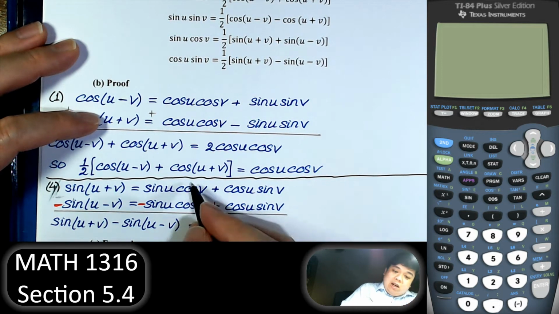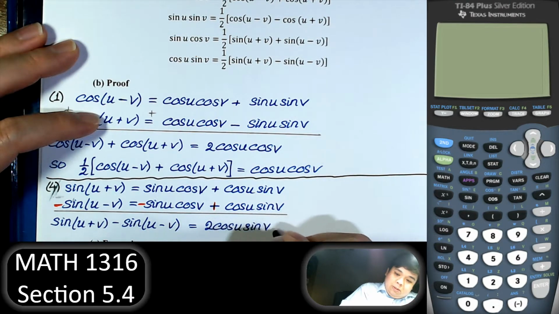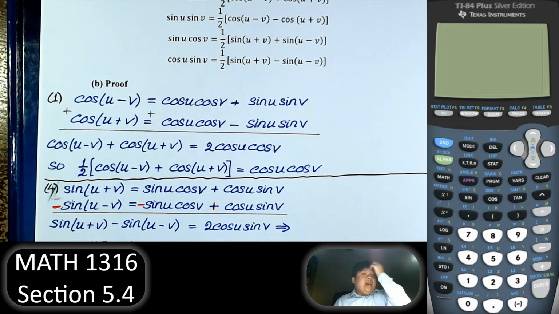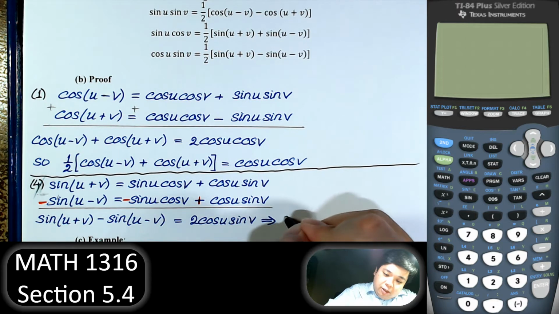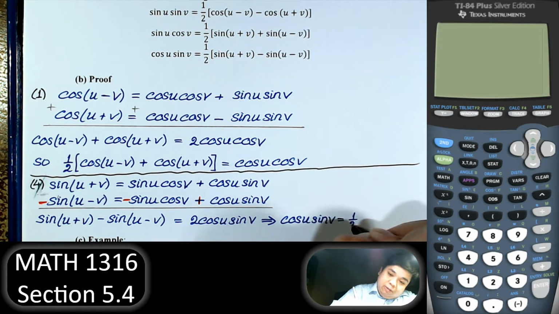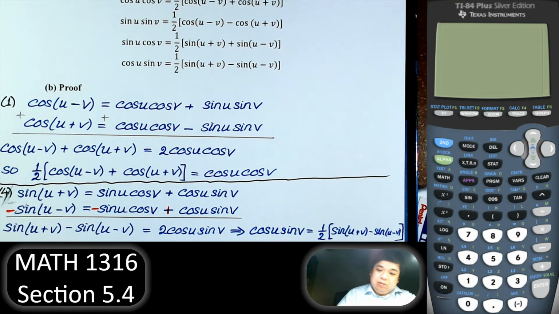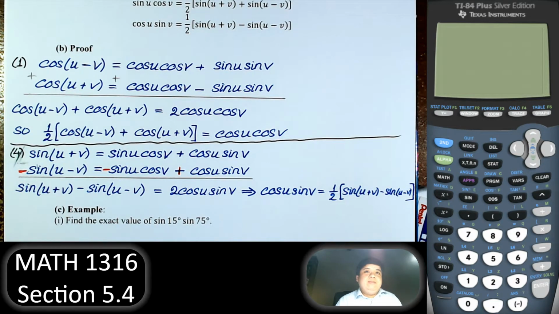On the right hand side, those cancel out, and the other terms will be doubled. And once again, divide by 2 on both sides and write the equation in reverse. Cosine times sine is 1/2 of sine of u plus v, subtract sine of u minus v. Sorry, I ran out of space. That's what we have.